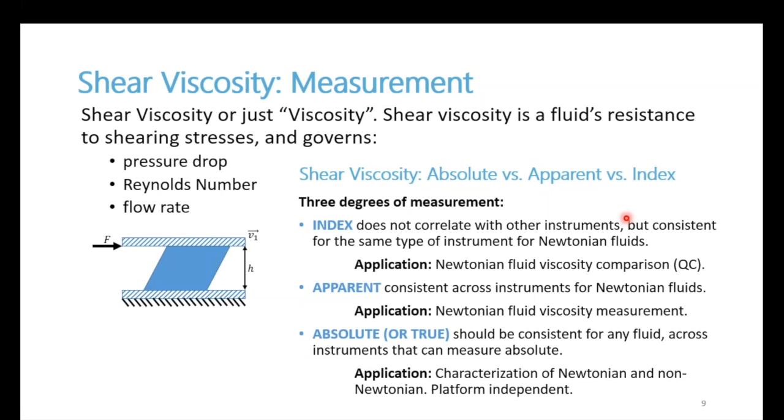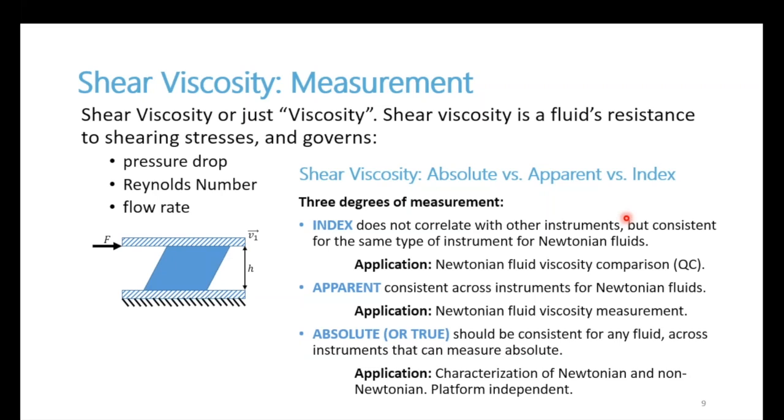So the first, or I guess the less complete, degree of measurement will be an index. By this I mean that you will be able to measure something proportional to your viscosity, and you will be able to compare sample A to sample B to sample C and establish which one of those is more viscous, which one is thicker. But you won't be able to compare those measurements to something measured with a completely different system.